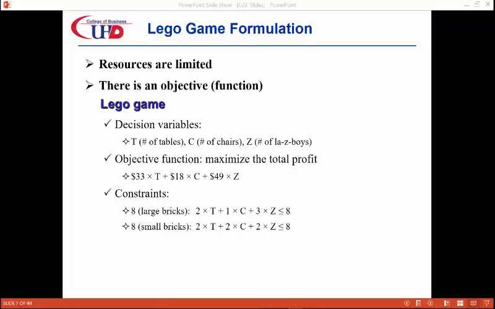Similarly, we can set up the usage constraint for 8 small blocks. At the very end, there is an underlying default restriction. That is, for each furniture, we can either produce nothing or produce a few units. So T, C, and Z must be non-negative.